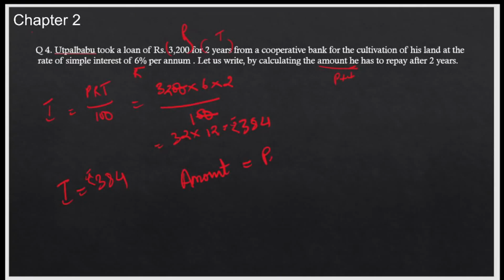We know amount is principal plus interest. Amount after 2 years is the principal, the initial sum 3200, plus the interest on 3200 at the rate of 6% after 2 years, which we found to be 384. So the answer would be rupees 3584. So 3584 is the amount.